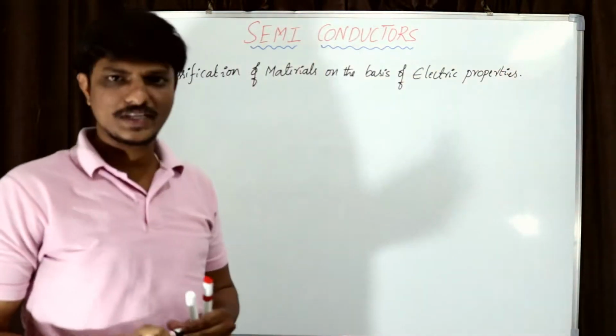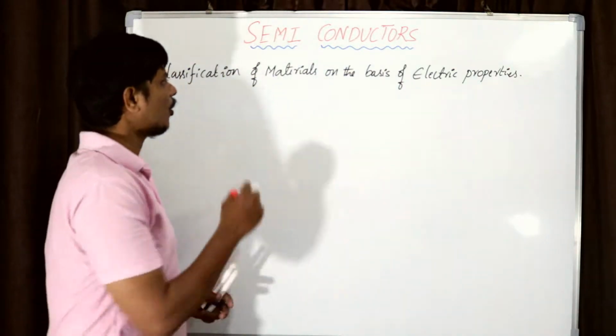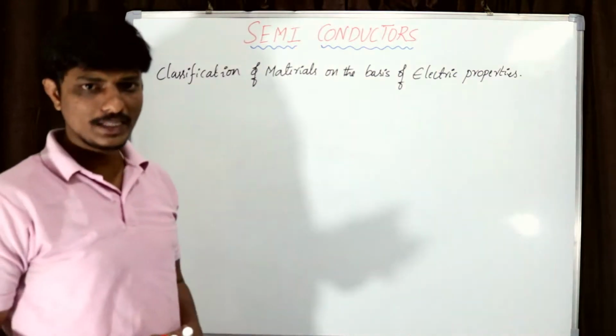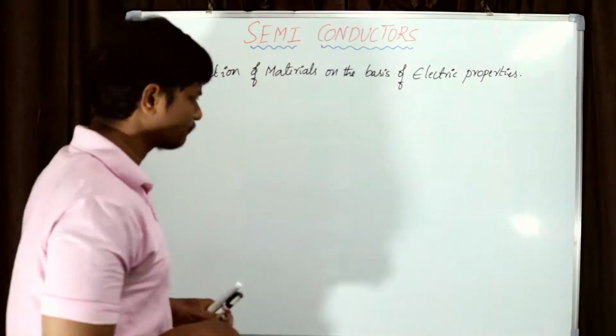There are so many classifications of materials, but right now we are going to discuss how materials are classified on the basis of electric properties. In this, materials are categorized into three types.